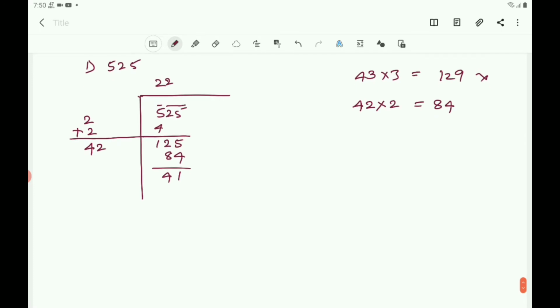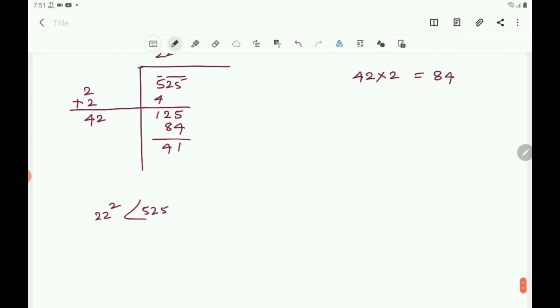And find the perfect square greater than 525. That is 22 square, you know that one. Next number means 23 square. You take 23 square, because you know that 525 is greater than 22 square.